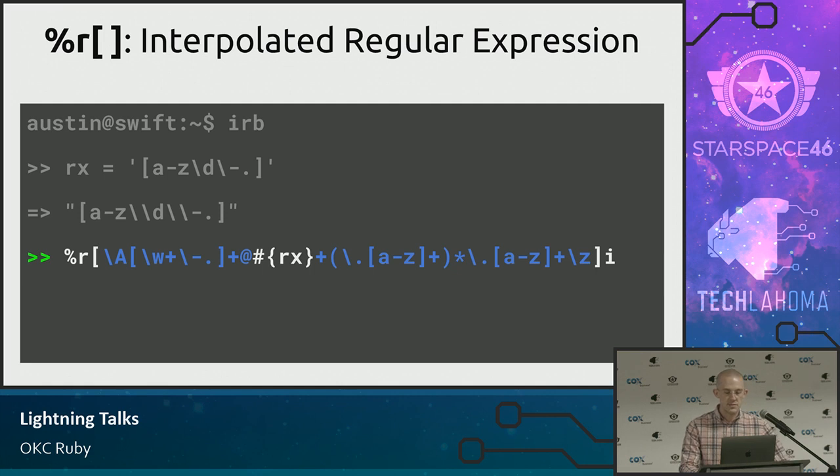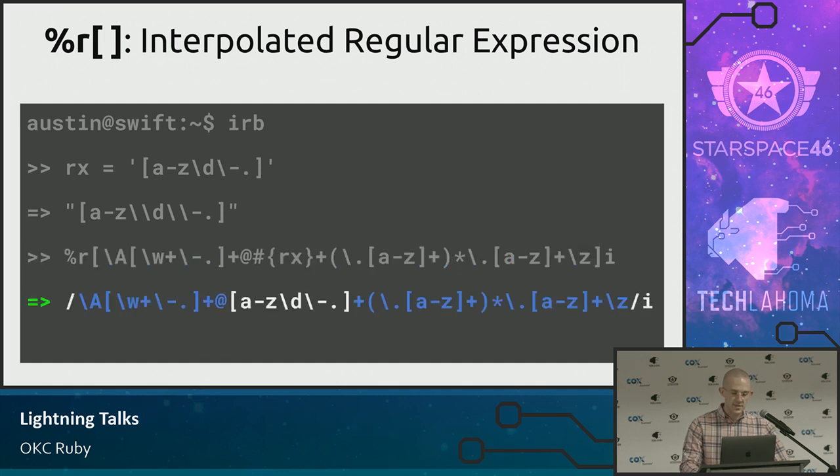This is his example for an email regular expression. You can see nested there in the middle in the white is the Rx that we declared above. So when we run that, one thing to mention is you'll notice on the far right, the i, you place any of your modifiers after the closing delimiter. So when we actually run it, it ends up looking just like your normal regular expression. So pretty slick.